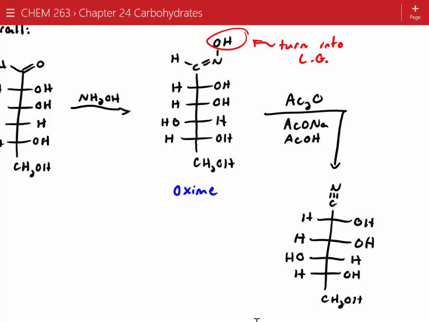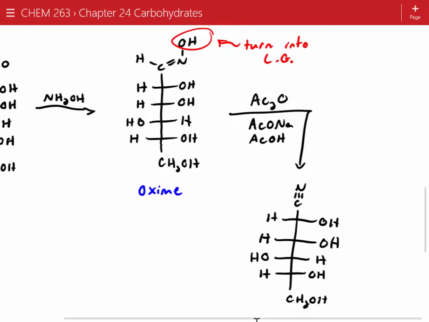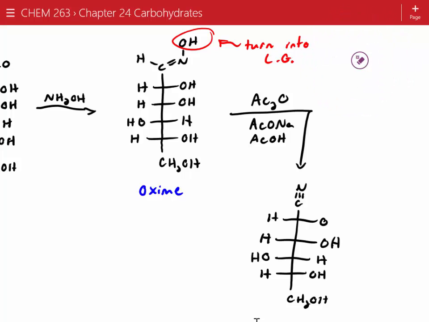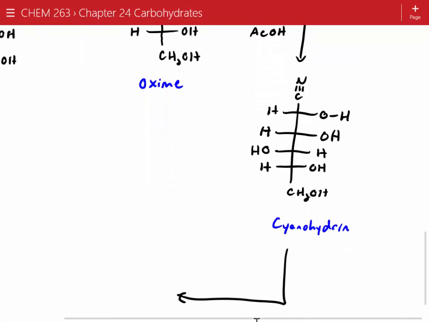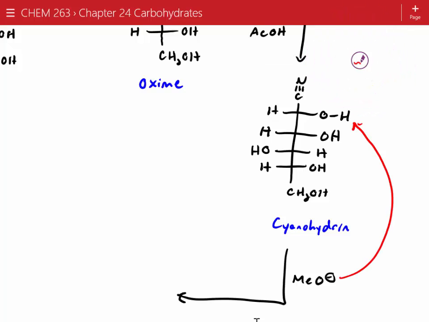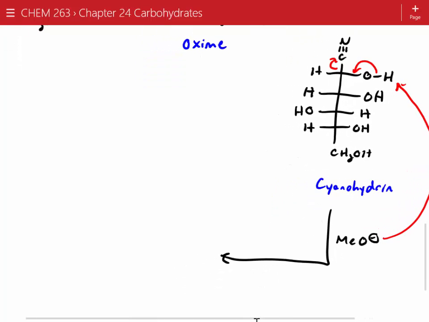Sorry. And now what we have too is we've got cyanide, which can actually act as a relatively decent leaving group. So I'm going to draw this bond out. And if we've got sodium methoxide around, what this will do is come grab this alcohol proton, clamp down, kick off our cyanide, and we actually lose a carbon in this step.